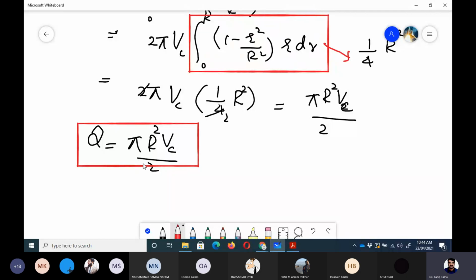And if I want to calculate the mean velocity through the pipe, we know from our thermodynamics knowledge that Q is equal to the area through which it is flowing times the mean velocity.